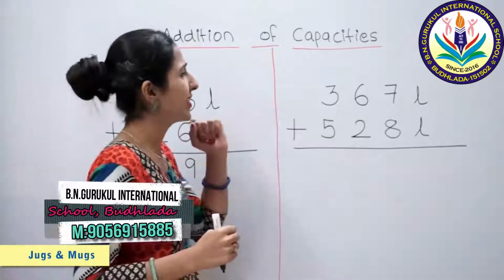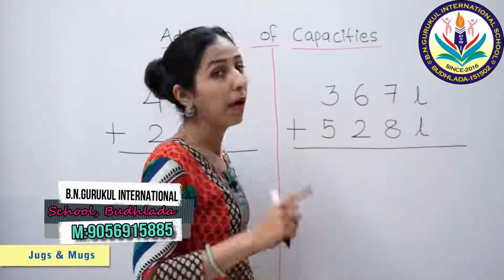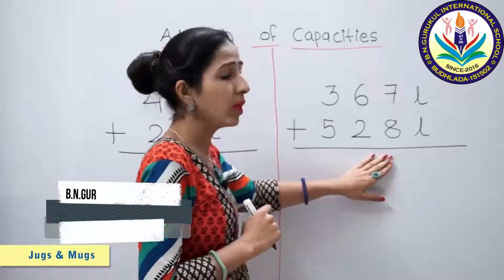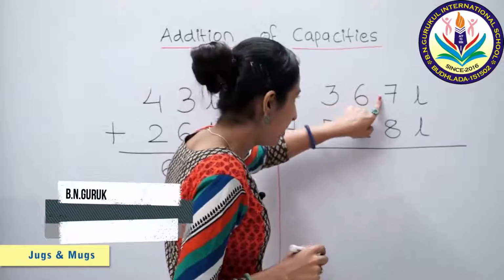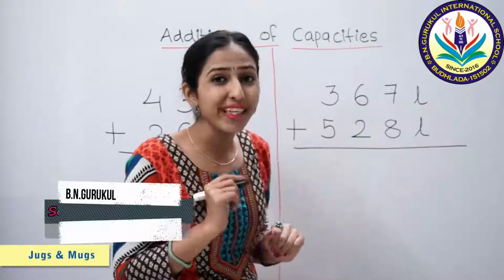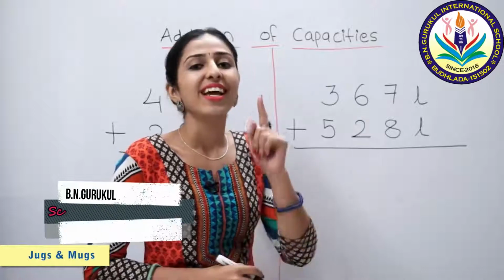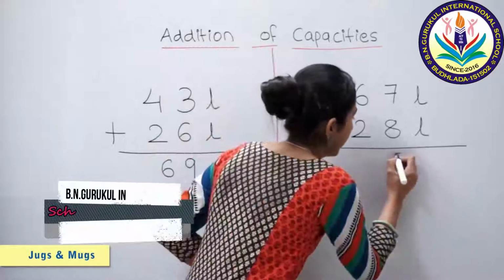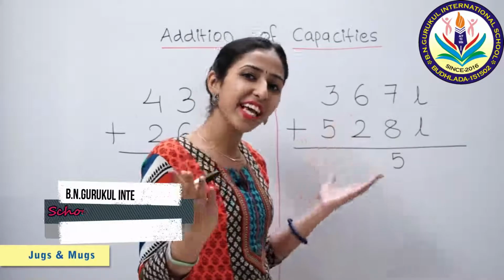Let's solve this example. 367 liters plus 528 liters is equal to how much? Let's find out. 7 plus 8 is equal to, count and tell me. Right, that is 15. So, 5 here and 1 carry forward.